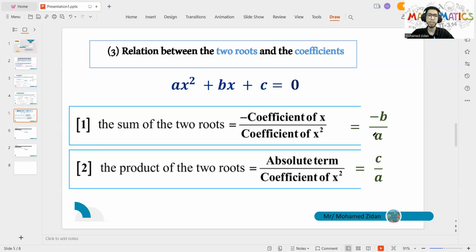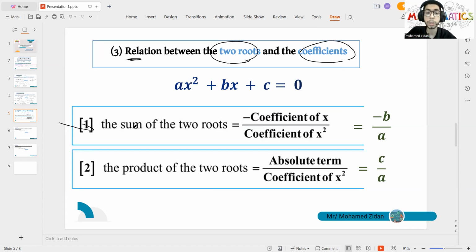Today, we don't need to solve the equation. We don't need to find the two roots. Today, we'll speak about the relation between these two roots and the coefficients. The first rule is about the sum of the two roots.